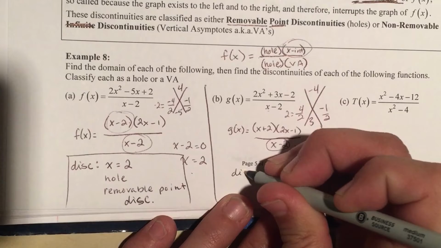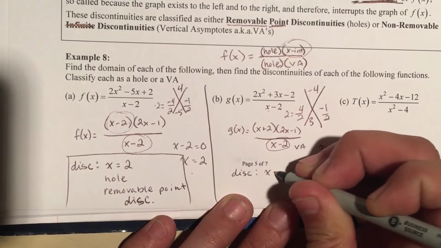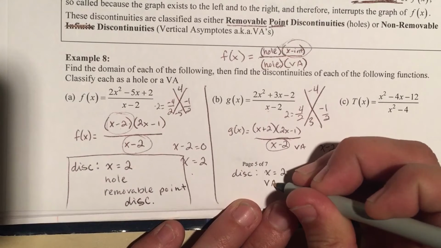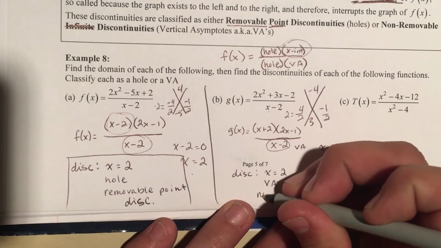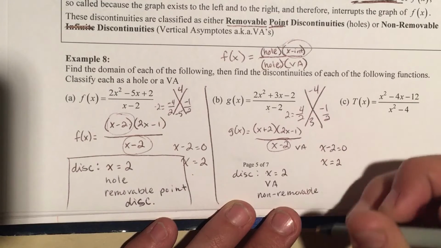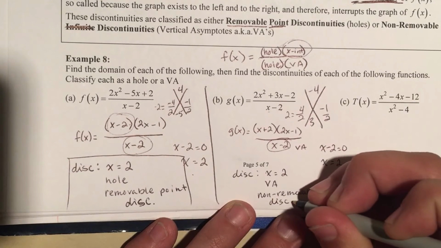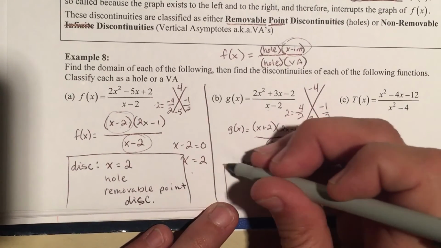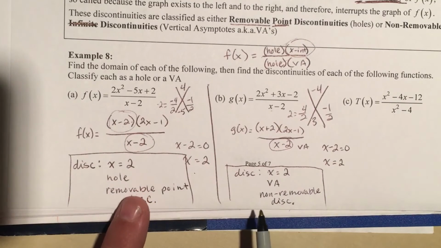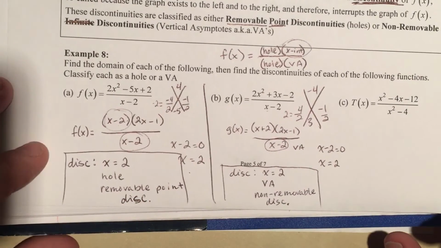So there is a discontinuity at x equals 2, which is a vertical asymptote, which is a non-removable discontinuity. Non-removable discontinuity, because it's an asymptote. So it's pretty easy, I think, to see which one is which. It's just remembering which one's removable and which one's not, right?